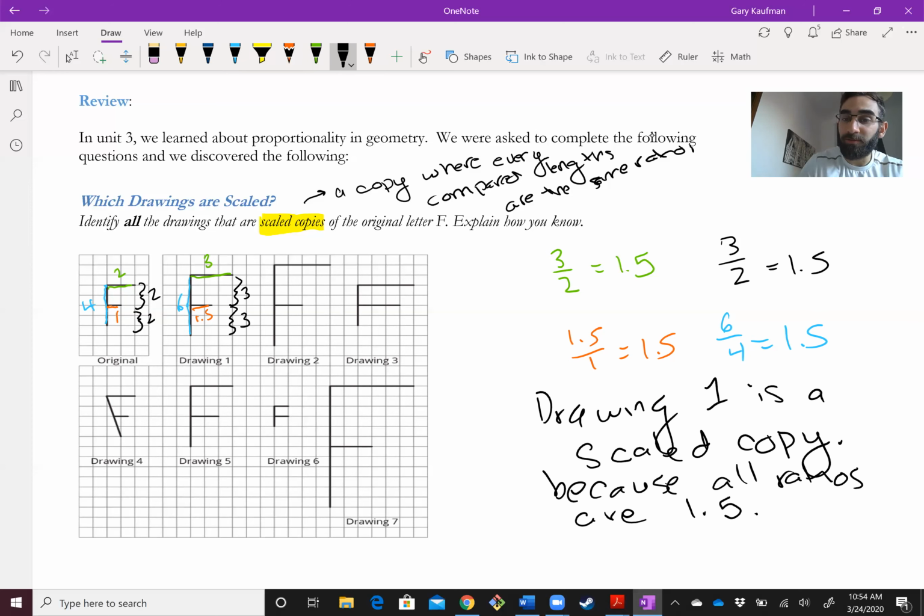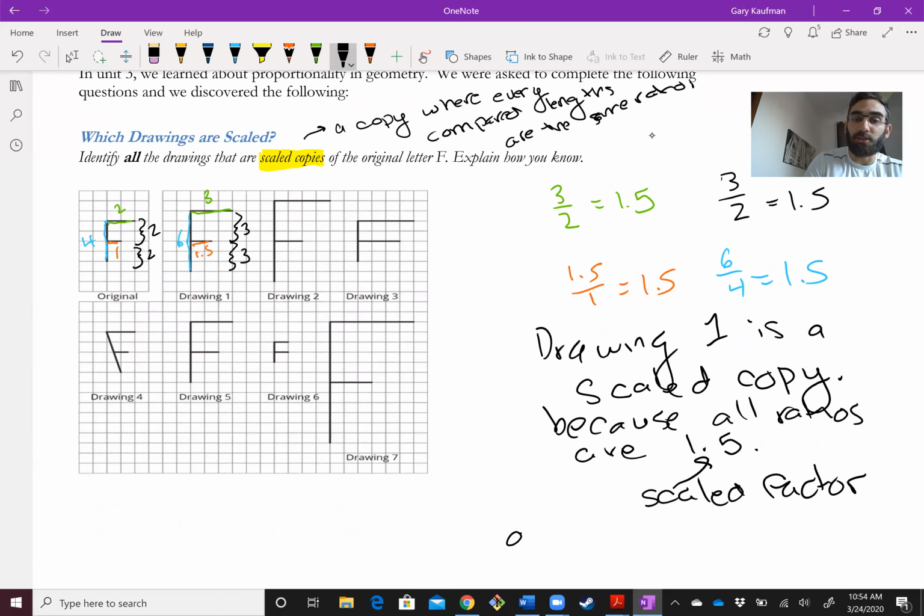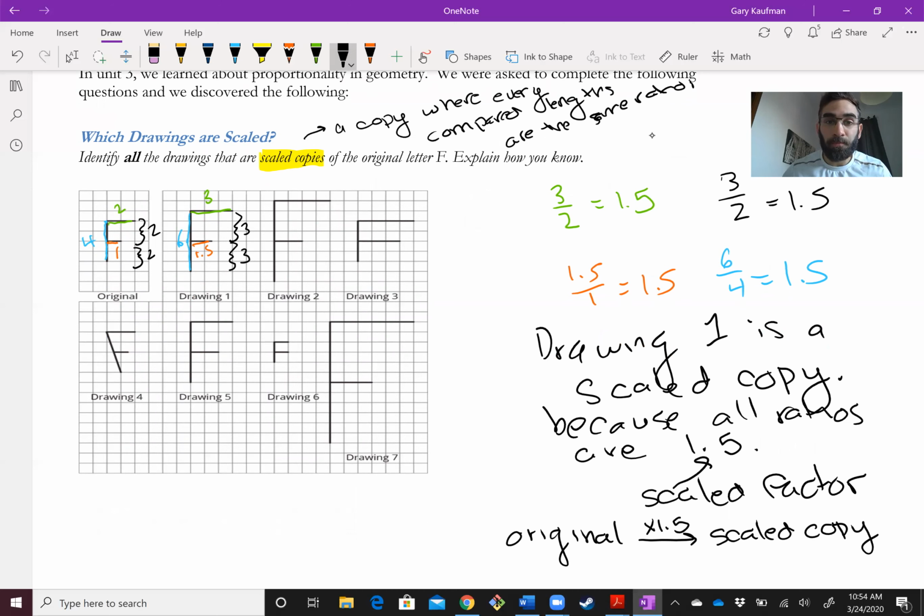And this 1.5 we realized is what we called our scale factor. Factor is something you multiply by. So that means to get from the original to the scaled copy, we would multiply by 1.5. And that was what we were exploring.